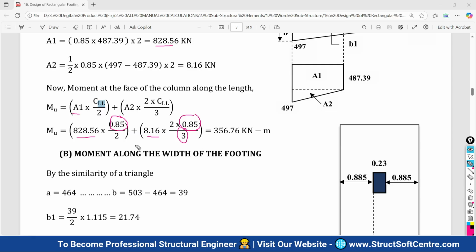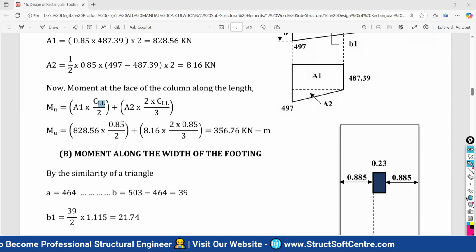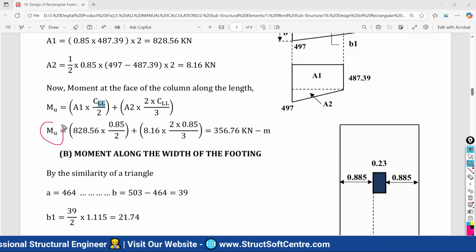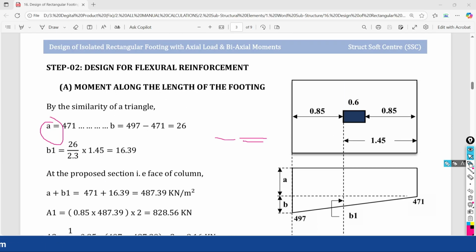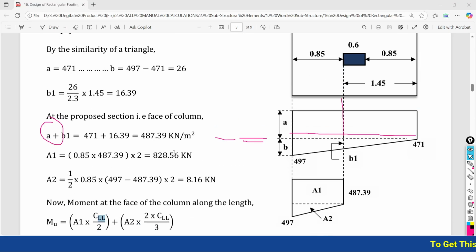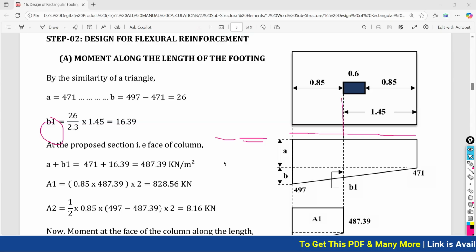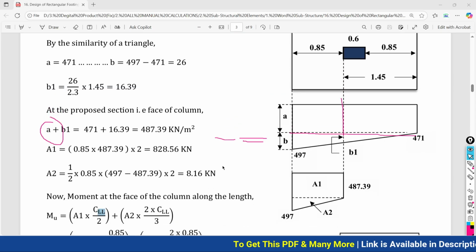After doing this complete calculation, we will get the ultimate moment 356.76 kilonewton meter. This was our objective, to calculate the moment at the face of your column along the length of the footing. Hope that it's clear to all of you how to do the calculation of the moment along the length of the footing at the face of your column.